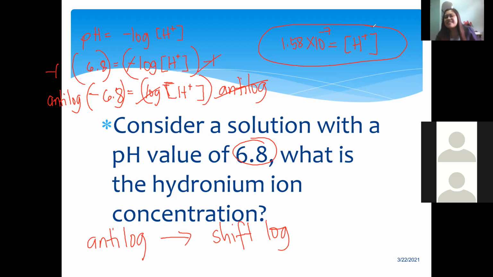Ayan. So, wala na siya nag-syntax error. So, next time class na maka-encounter mo o problem solving involving the log, then you have to cancel it. Dili man gud mo siya pwede i-divide, like negative 6.8 divided by log. Mag-syntax error yun na siya. So, if you want to cancel the log, you have to do the anti-log.